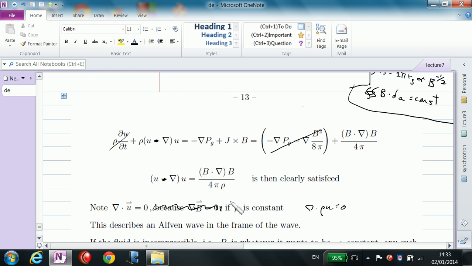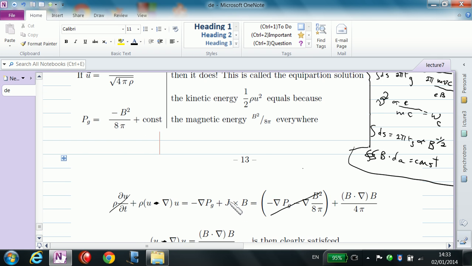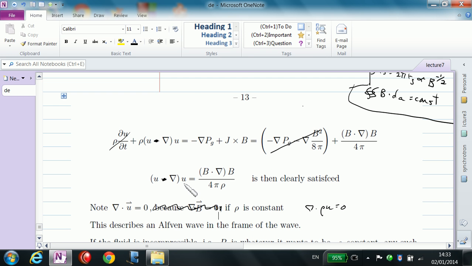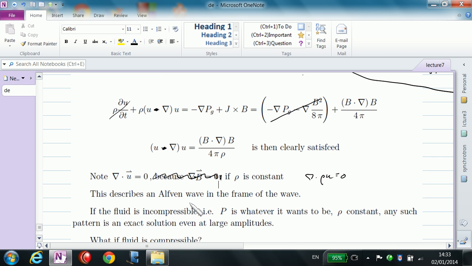Now, what have I described? I've described an Alfvén wave in the frame of the wave.